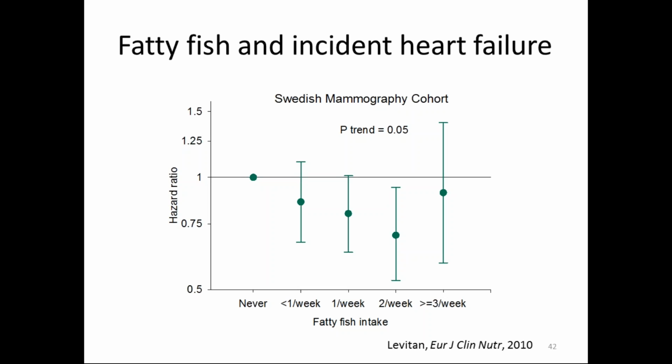Here are results, again a relative risk graph. What you can see is that compared to people who never eat fatty fish, you get some decrease and then possibly a balance up at the end. One of the things about studying these 2 counties in central Sweden is the population is really homogeneous. Like 75% of the population is eating one of these once or twice a week.